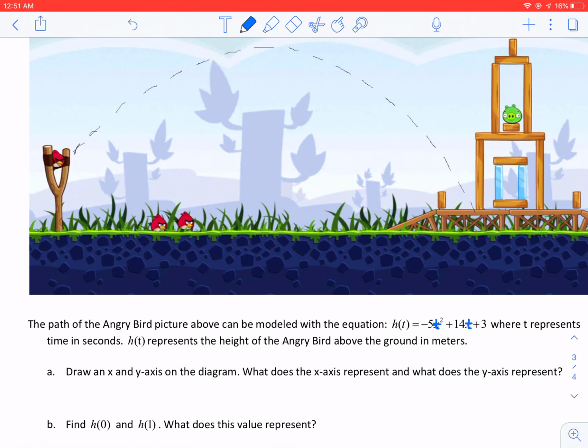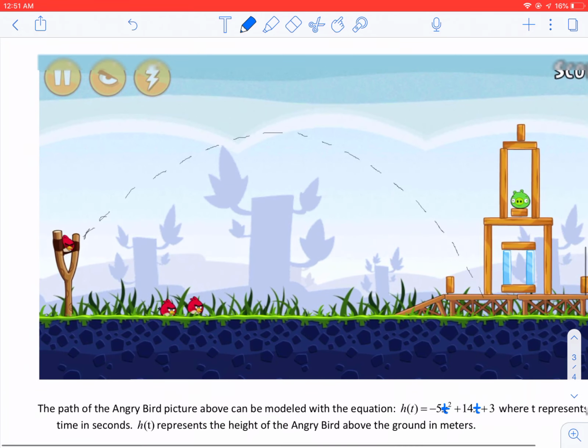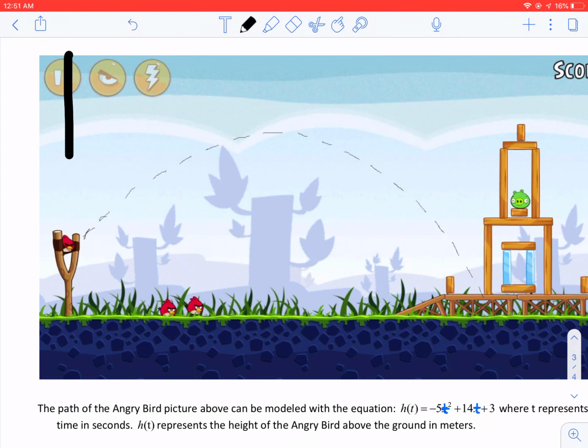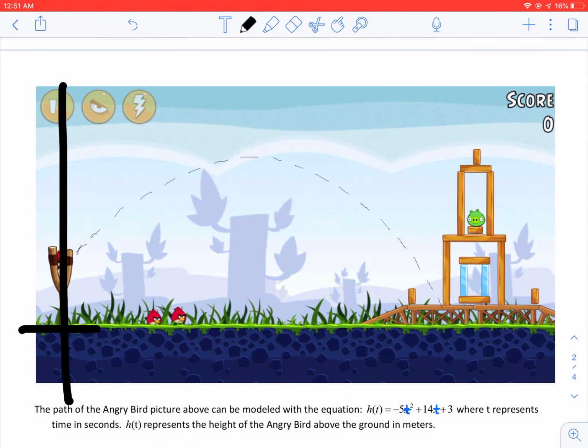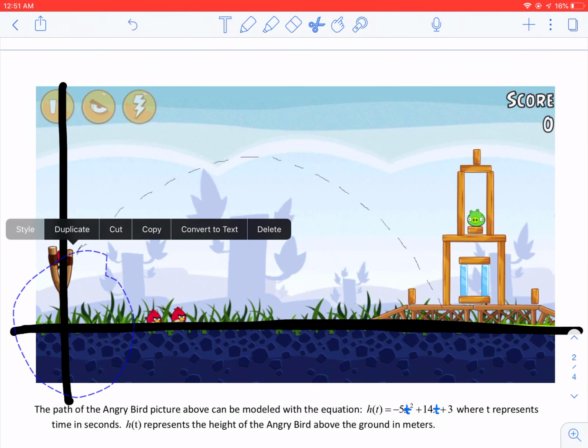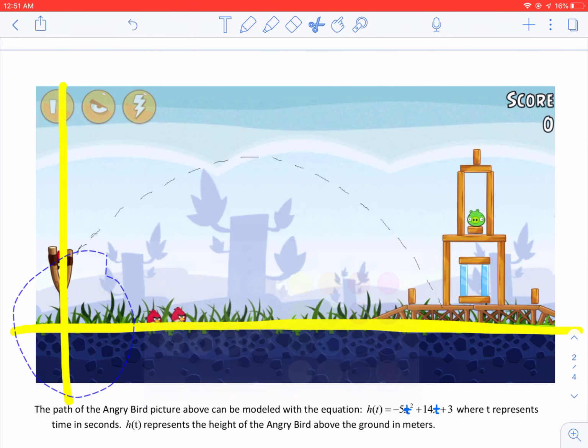draw an x and y axis on the diagram. What does the x-axis represent and what does the y-axis represent? So, I'm going to draw, again, my y-axis right through the slingshot, and I'm going to make my x-axis the ground here. That doesn't look very clear, so let me try yellow.